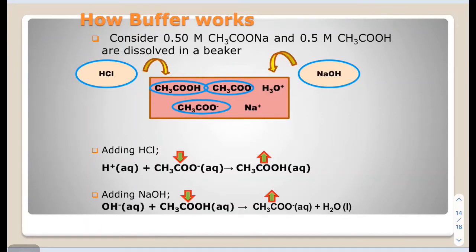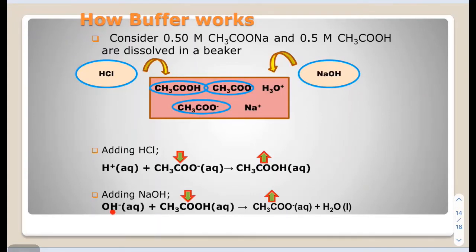And what if we add a base? When a base is added to a buffer system, the base will react with the acid in the system. The acid in the system is actually acetic acid. So sodium hydroxide base, which is hydroxide ion, reacts with the acid in the system, CH3COOH, and it will produce acetate ion plus H2O.